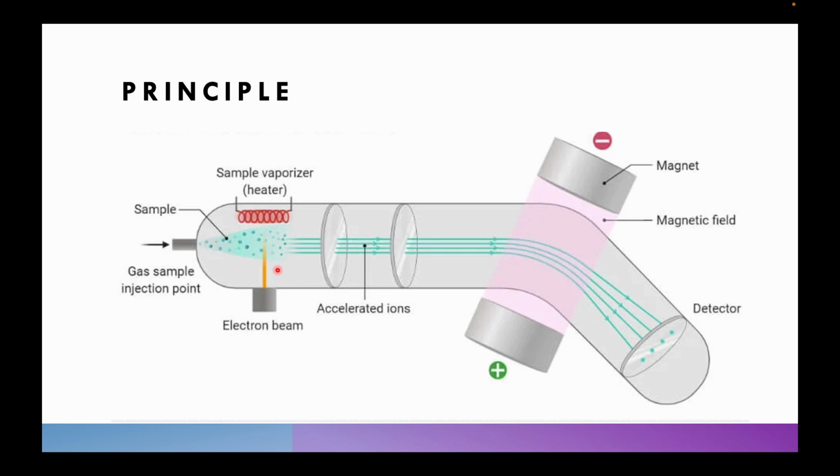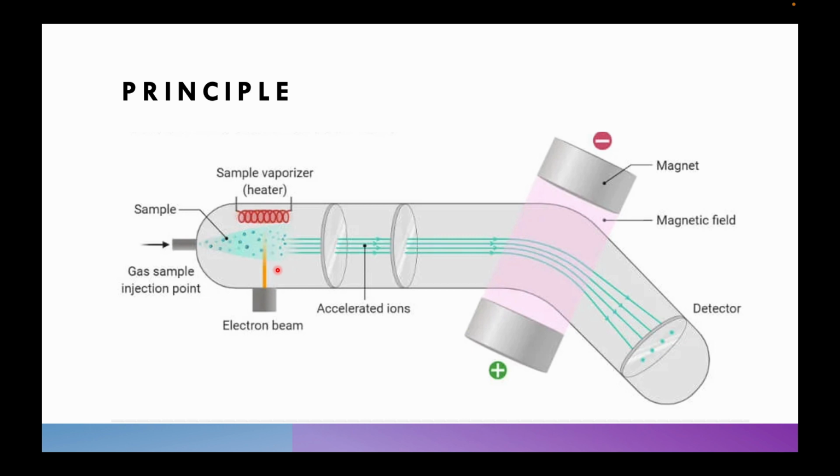So suppose your molecule has a mass of 198. When an electron is released, it can release one electron, two electrons, so it can become one positive, two positive, three positive. Or these beams are so strong that sometimes they can fragment your molecule.